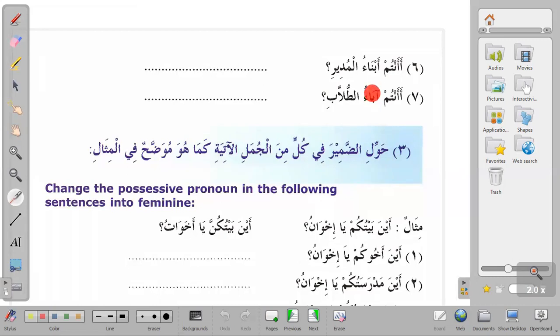Now you are supposed to say mothers. If you have changed this one to feminine, you cannot use father, because that is masculine. So if you change this one to feminine, of course you have to change this one. Say antunna ummahatu tullabi. Are you the mothers of the students? So that's what you put here, and that is the end of this exercise.